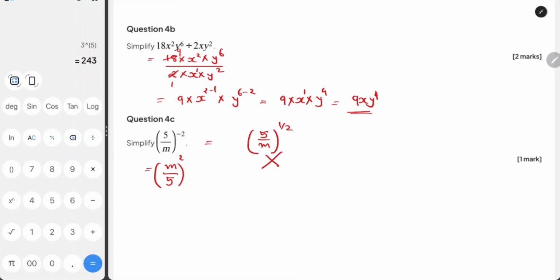Don't make this kind of mistake. Make sure that you can just change the sign of the power, you cannot reciprocate the power. You'll always reciprocate the base. Clear? So now in division, if the common power is there, you can give them separate powers. So it's like this, m square upon 25, this is your final answer.